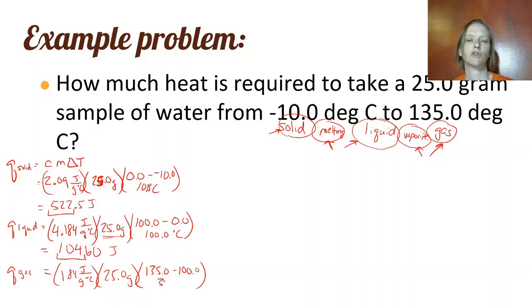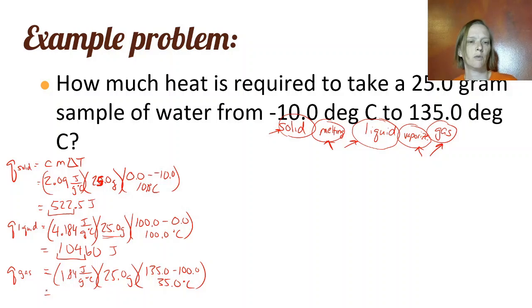And so that's a temperature change of 35.0 degrees Celsius. When I do the math, I get 1,610 joules. Again, 3 sig figs here. 3 energy values so far.